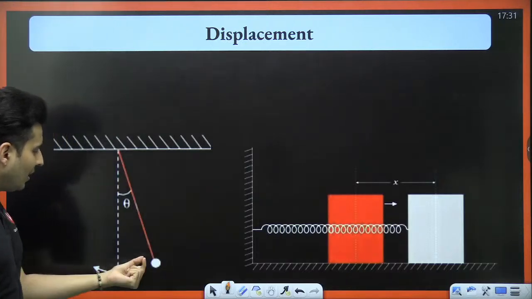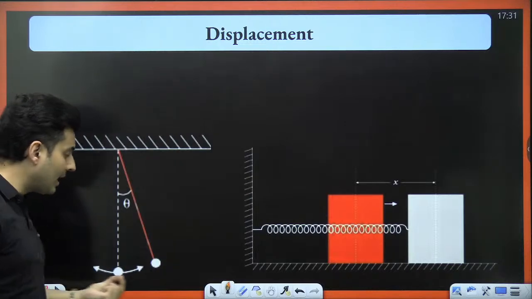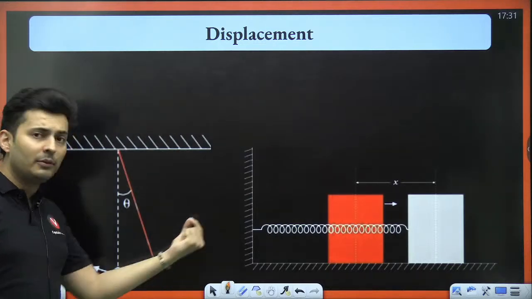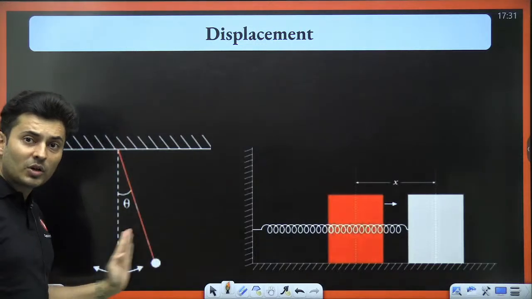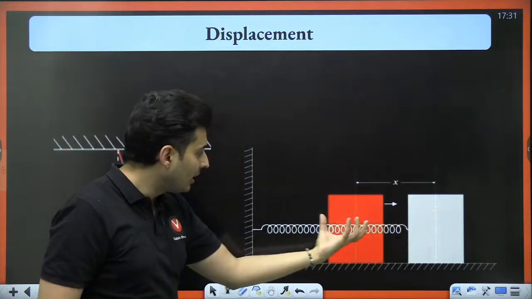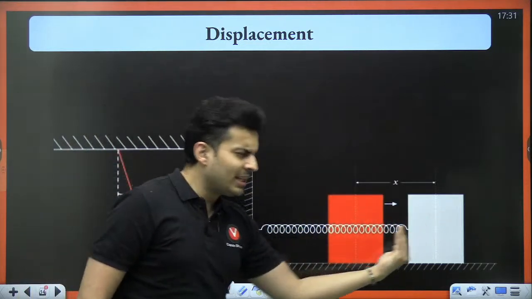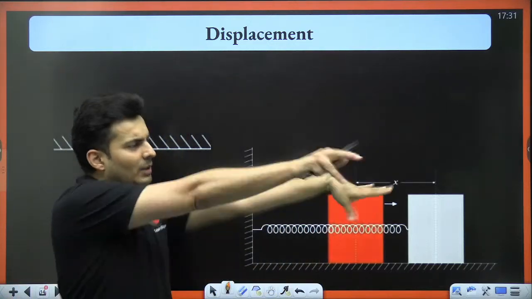So look at this. A bob which is attached to a thread of a pendulum, it's going back and forth, right? So this is an oscillating motion and periodic in nature. Look at this. This is a block connected to a spring. You press the spring via the block a little bit and leave it. The spring will push it away.